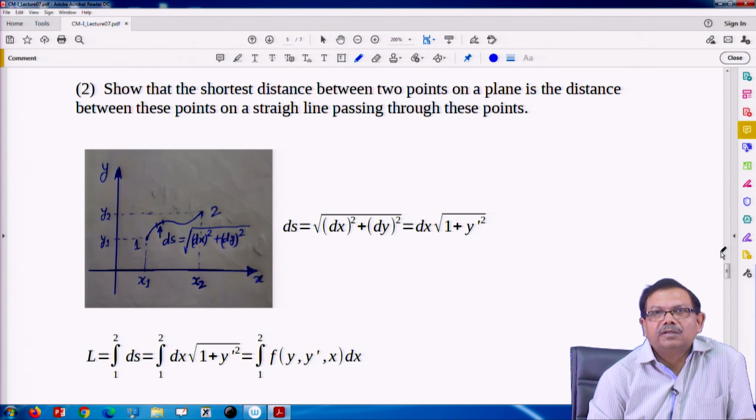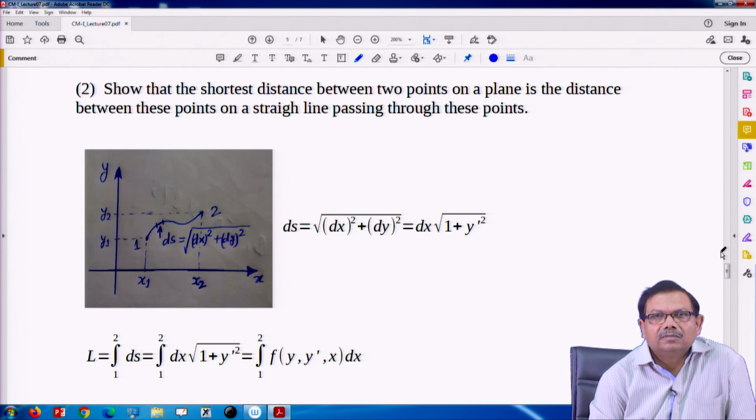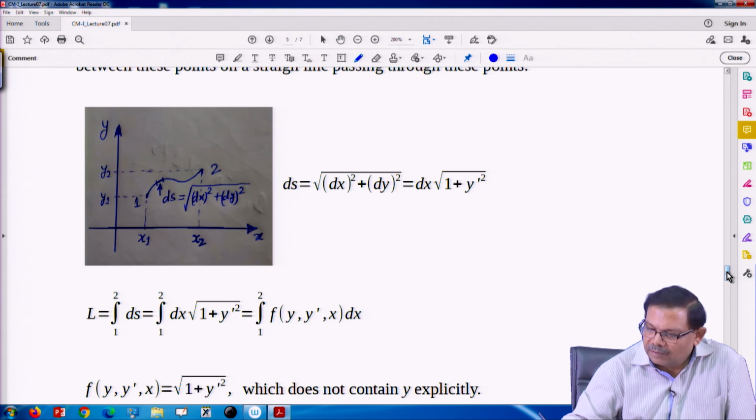You draw a straight line through the points, and the length of the portion of the line between those 2 points, that is the shortest distance. All of us know that, we have used it since school. But what is the proof? There has to be a proof. So, the proof comes from this calculus of variations.